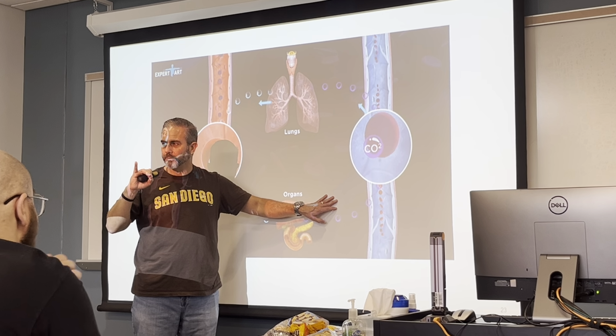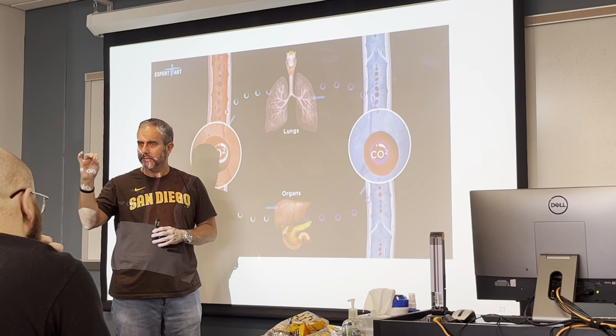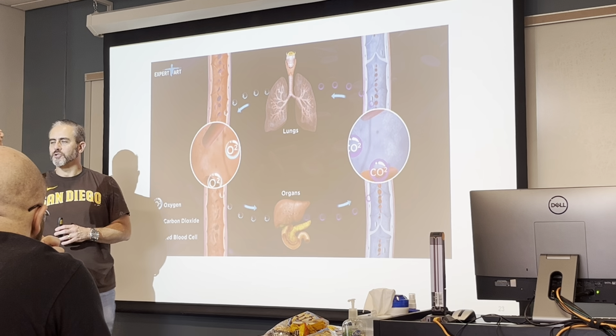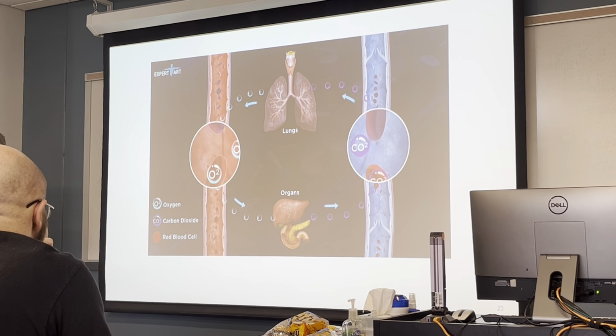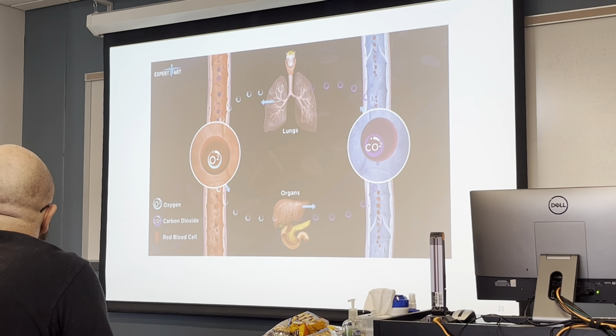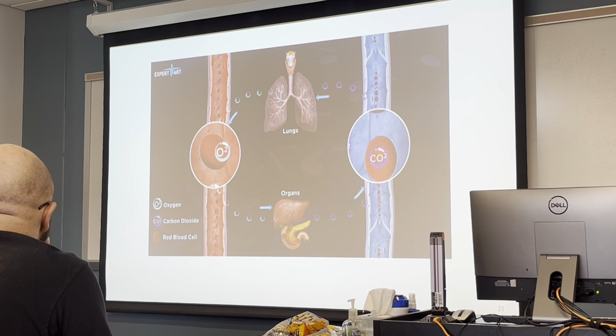Carbaminohemoglobin. Again, careful with the words here. Carbaminohemoglobin, that's CO2 bound to hemoglobin. Not to be confused with oxygen bound to hemoglobin that we call oxyhemoglobin. Not to be confused with carbon monoxide bound to hemoglobin that we call carboxyhemoglobin.